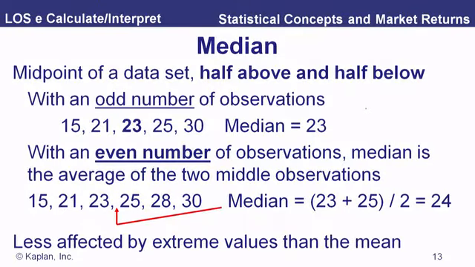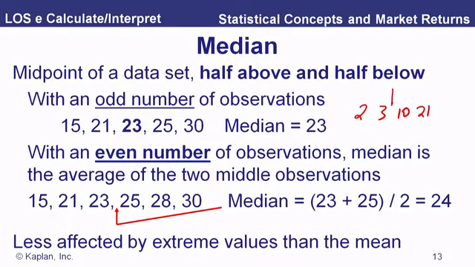And why do we use the median? Well, it's less affected by extreme values than the mean. As an example, consider the median for the numbers 2, 3, 10, and 21.